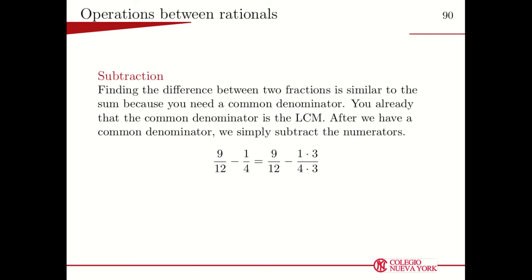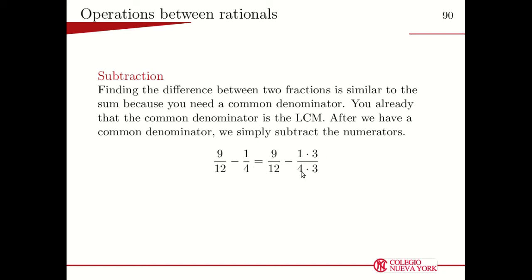The least common multiple between the denominators 12 and 4 is 12. So now we don't need to do anything to the first fraction because the denominator is already 12. But we do need to change the second one. In order to get 12 in the denominator of the second fraction, we have to multiply it by 3. Okay, you can see this process right here.